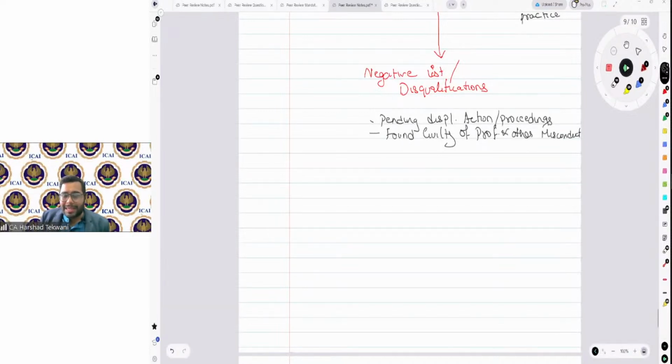Third, if he's been convicted by a competent court where he was involved in moral turpitude and he has been punished with imprisonment, then at that point in time he becomes disqualified for being a peer reviewer.